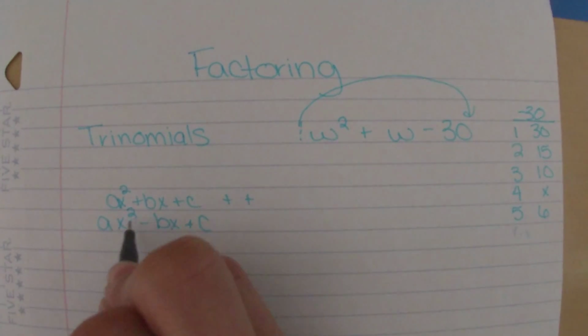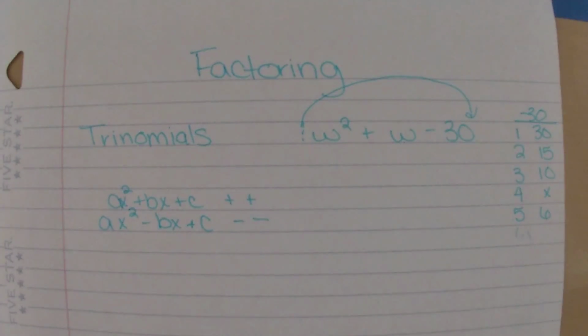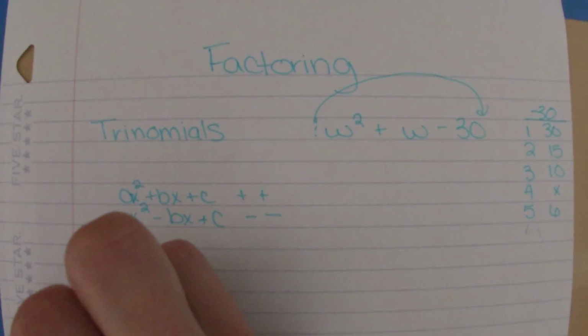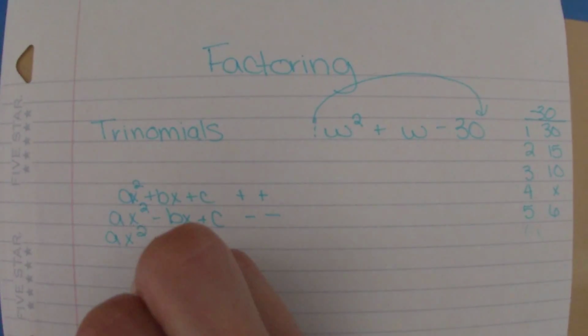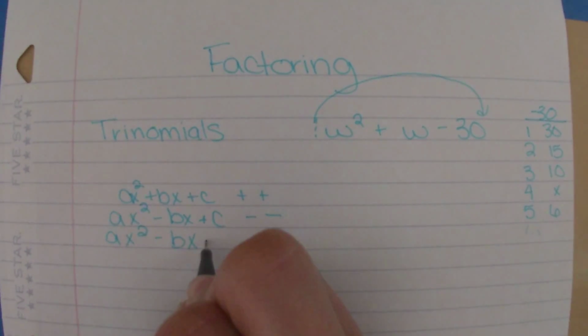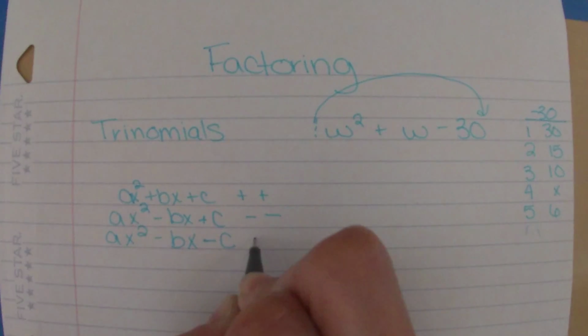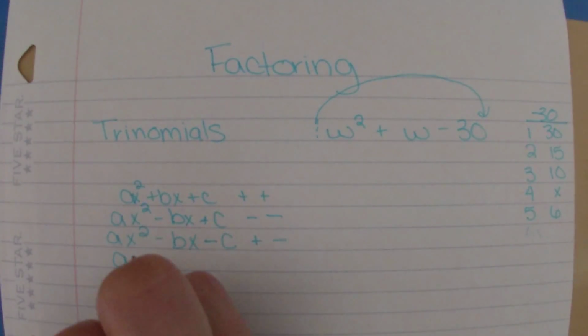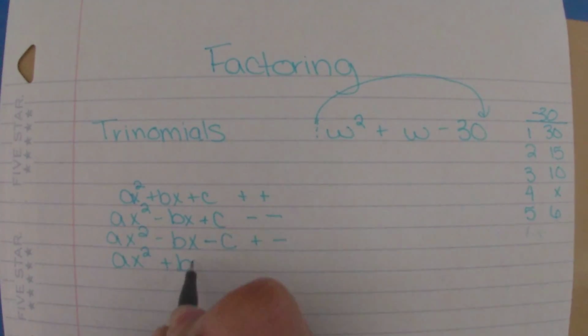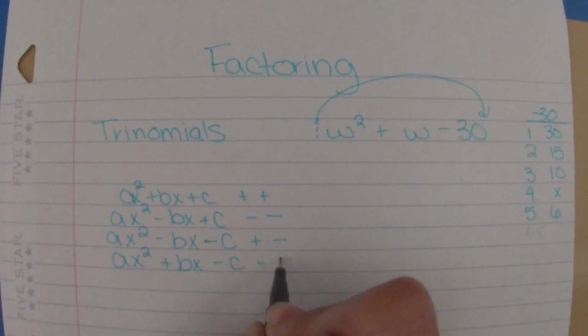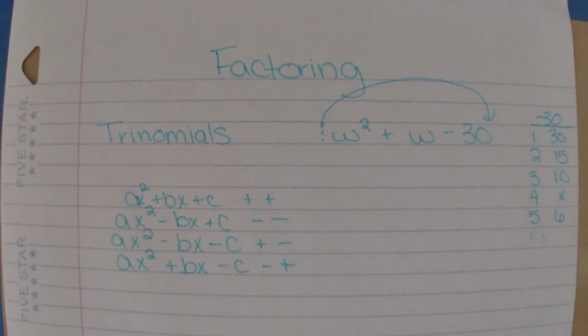If a times c is positive, but we need it to add up to a negative, then we need two negatives. If we need one of each sign, then we need the larger one to be the same sign as b. I'm sure you've all kept fantastic notes, and you can find your notes from class and pull that chart right out. Or maybe not, but there it is if you need it.